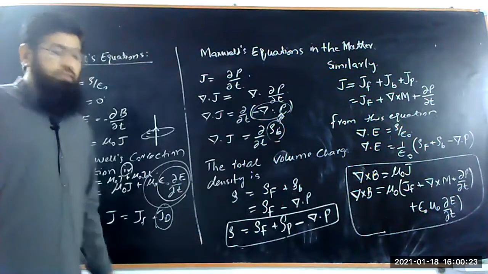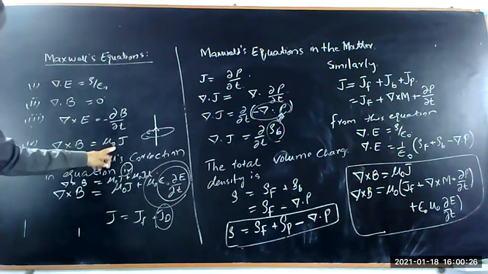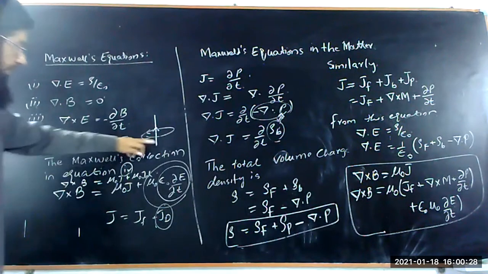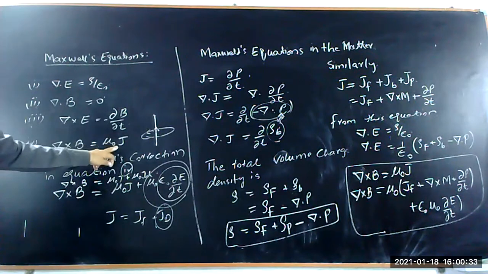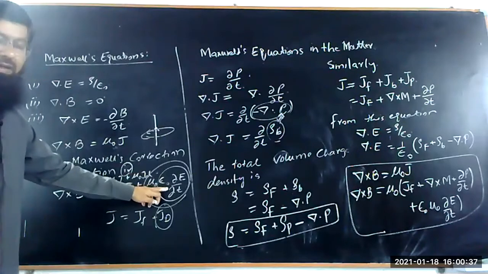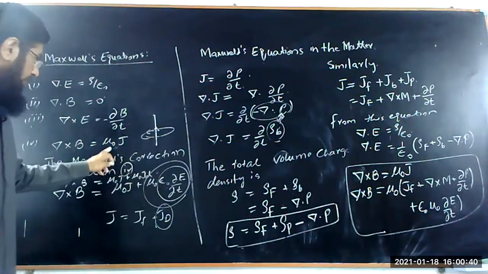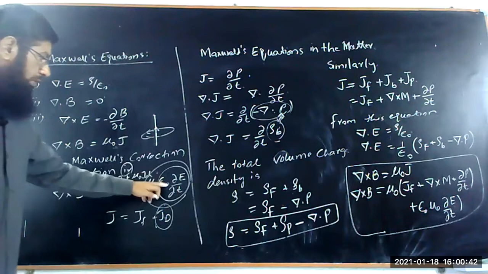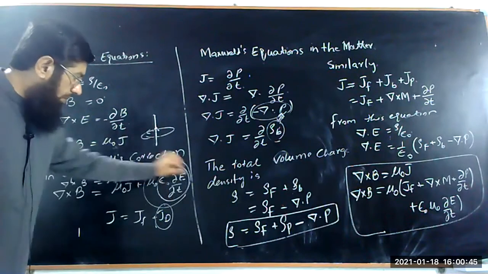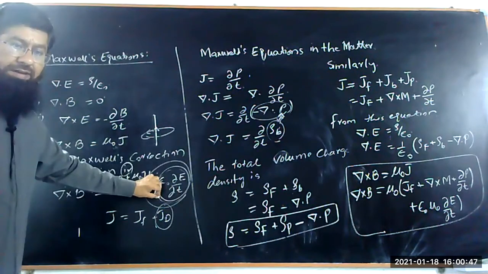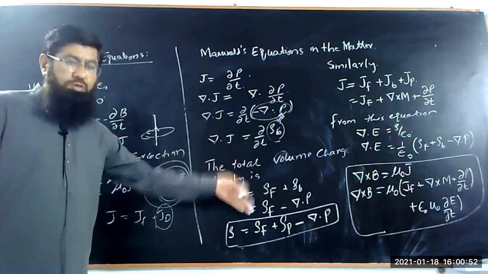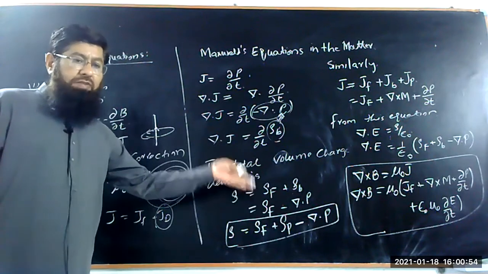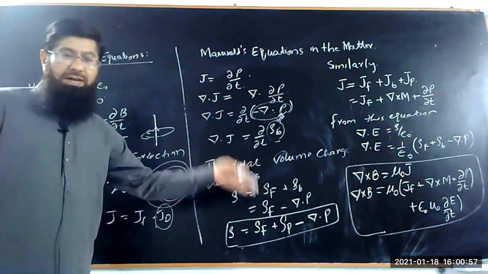So now look here, if we have a steady state current, the equation is simple, curl of B is equal to mu naught J. But if the current is not steady state, then another term is introduced in this equation: mu naught J plus mu naught epsilon naught dE over dt, and we call this the displacement current. But when the same electromagnetic fields pass through a medium, we have bound charges and bound current densities.